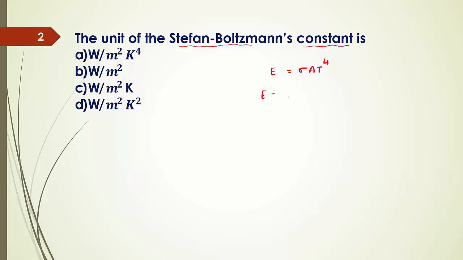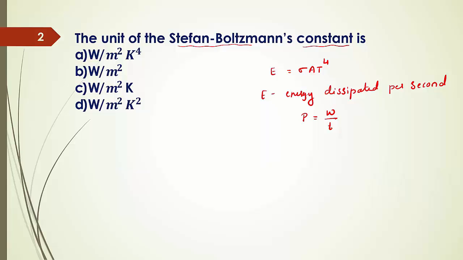Energy dissipated per second is equivalent to power. Power is the rate of doing work, P equal to W by T, where W is work done, which is equal to energy.